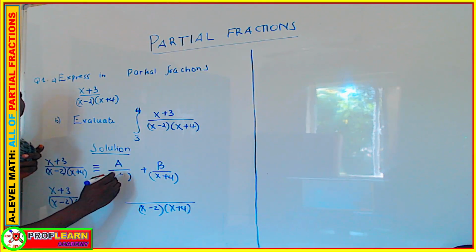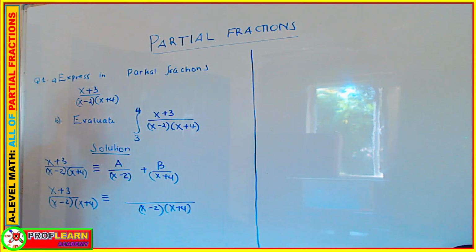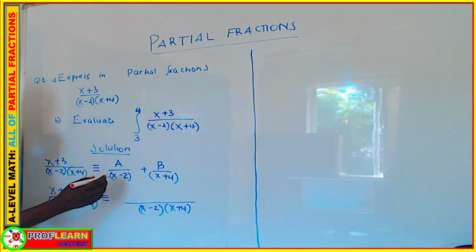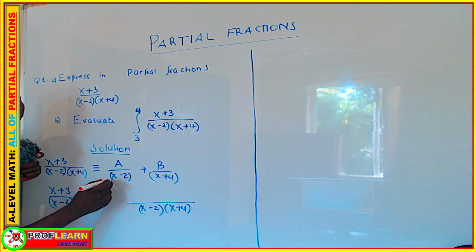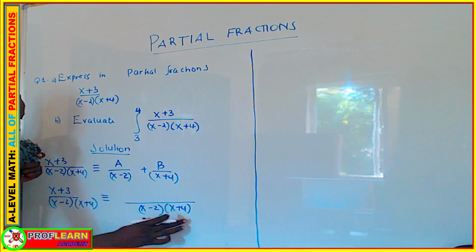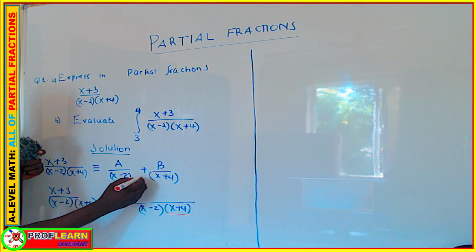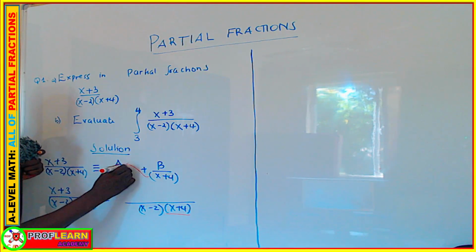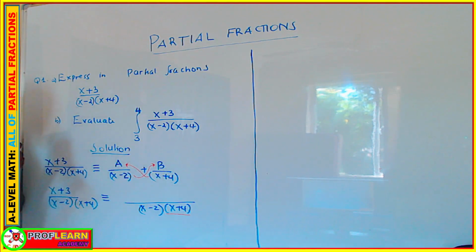Actually, I need to show that this is x minus 2 clearly, so that you can see exactly what's supposed to be done. What do you need to multiply by x minus 2 to get the whole of this? It's actually this part that you need. So you multiply this term at this point, and you multiply this at the next point.